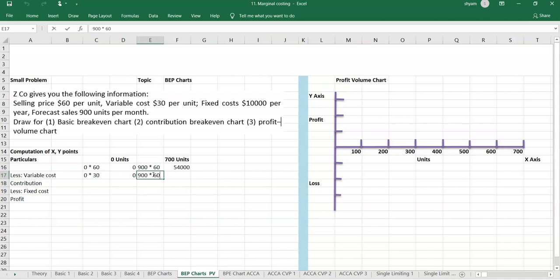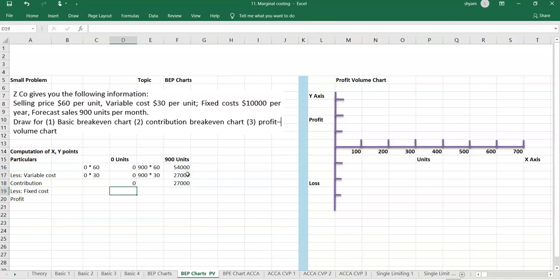And for 900 units, it would be 27,000. So we'll get the contribution. The contribution here is 0. The contribution here is 27,000.